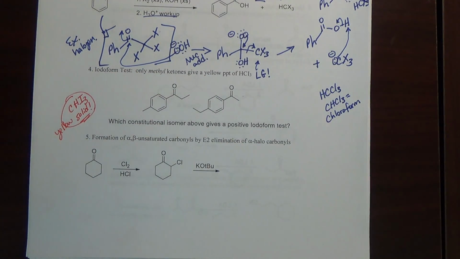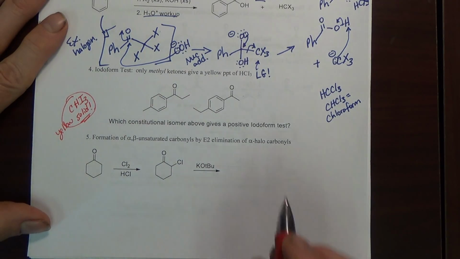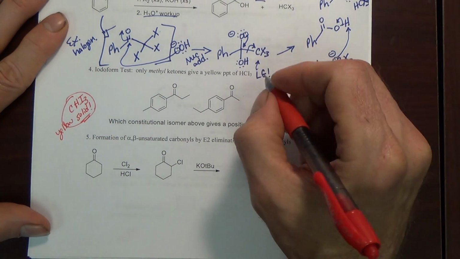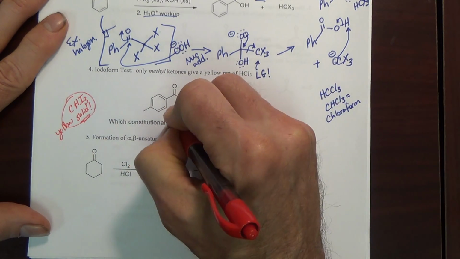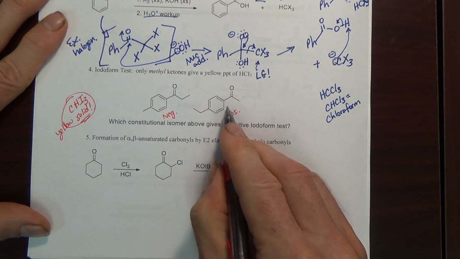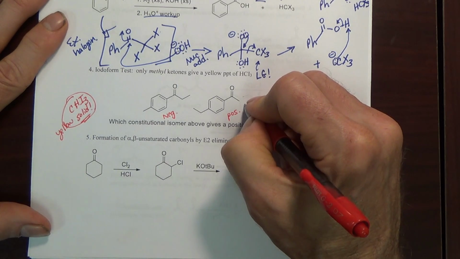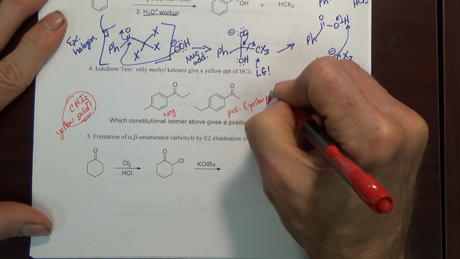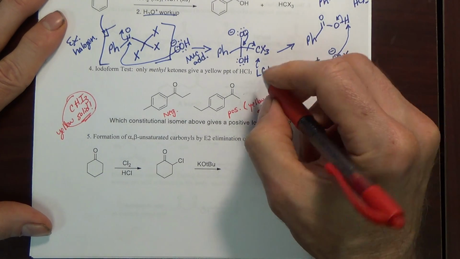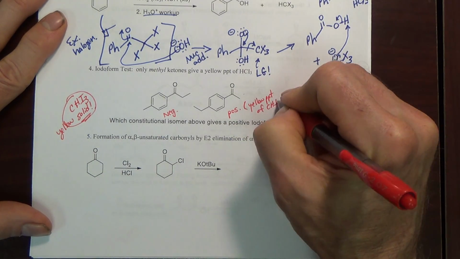It tends to be a little turbid, sometimes a bit kind of oily solid, but it is a solid. This would give you a positive test as indicated by the yellow precipitate of CHI3.